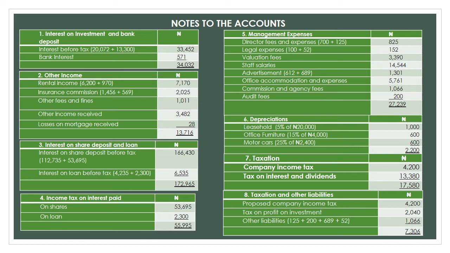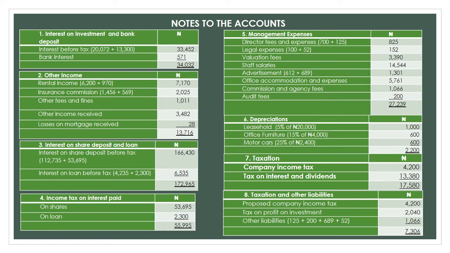So 5% of 20,000 is 1,000. Office furniture 15% of 4,000 as shown in the trial balance is 600. Motor car, 25% of 2,400 is 600. So the total is 2,200. That is your total depreciation.